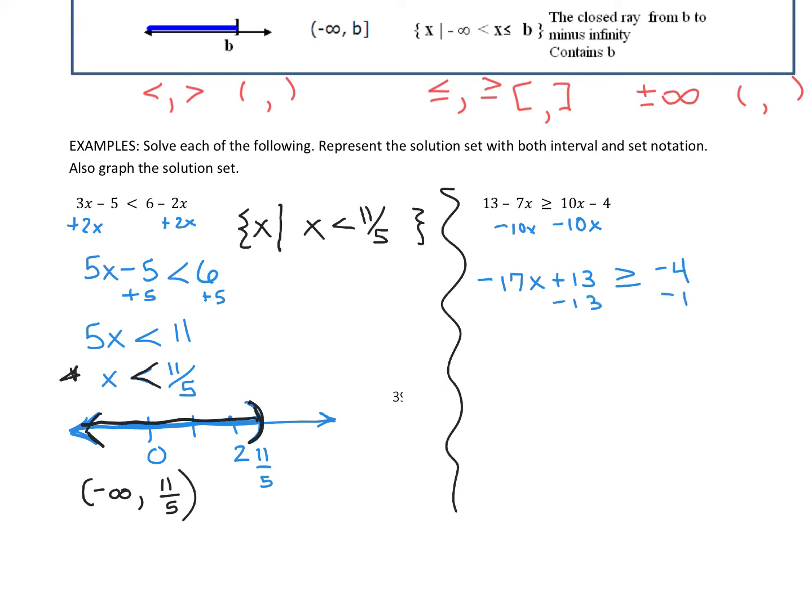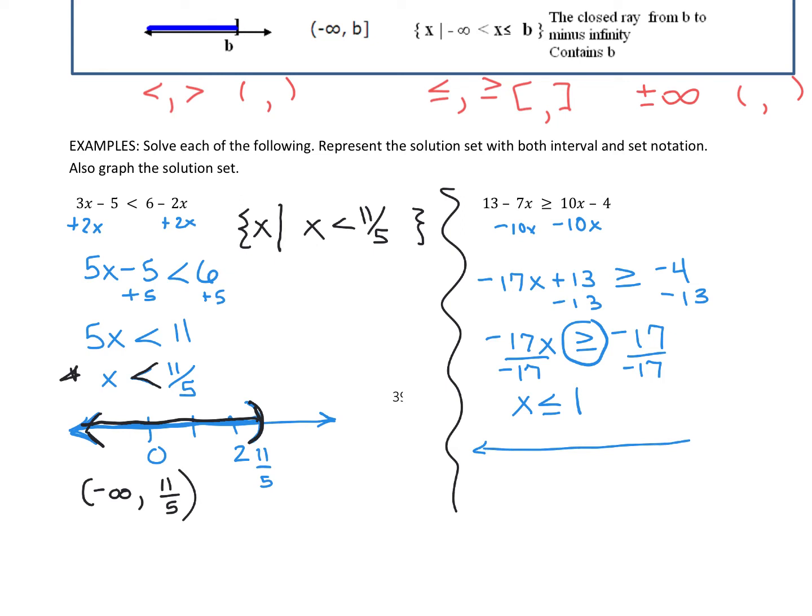We will then subtract 13. So negative 17x is greater than or equal to negative 17. And then we're going to divide by negative 17. So this inequality symbol, and I typically do circle it, is going to have to switch direction. So we get x is less than or equal to 1.